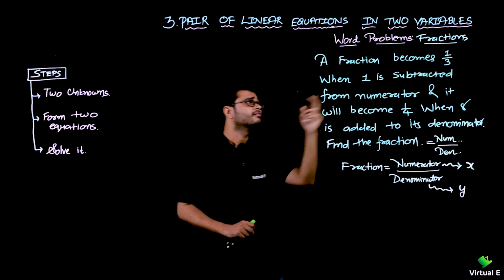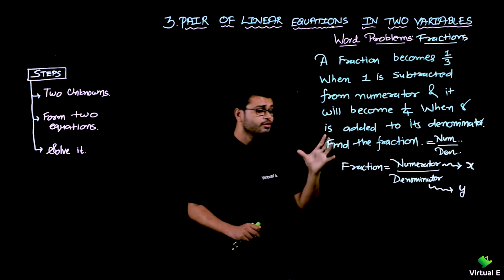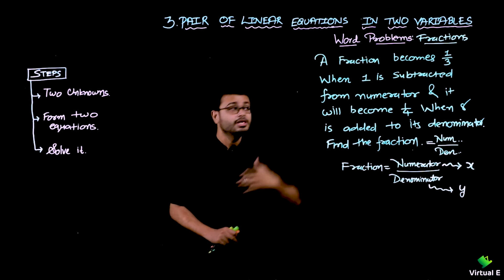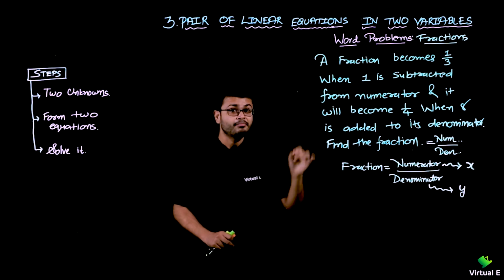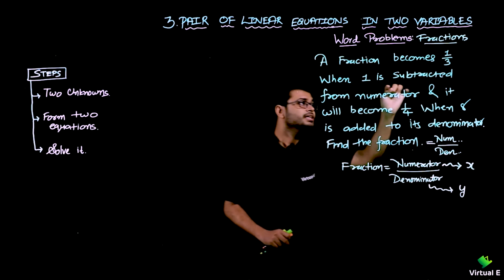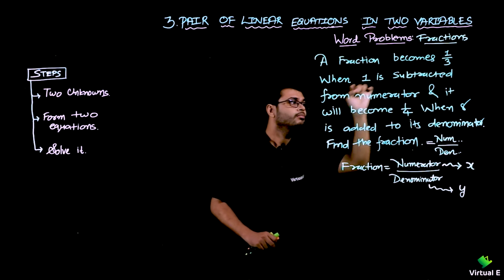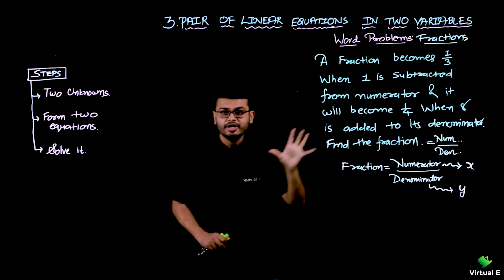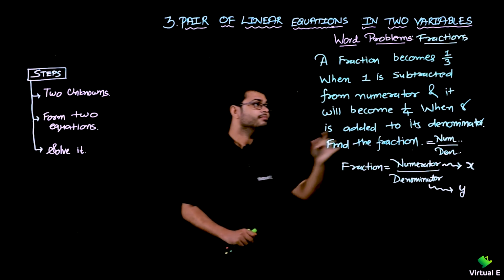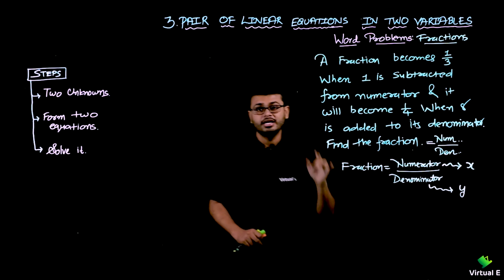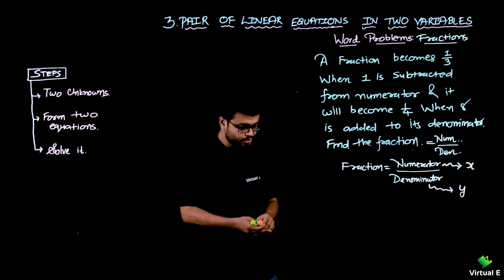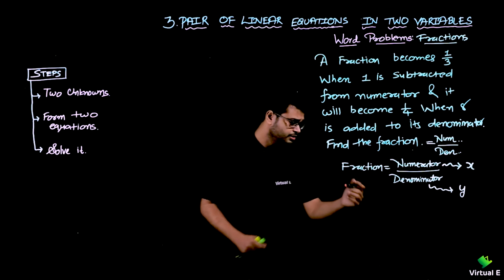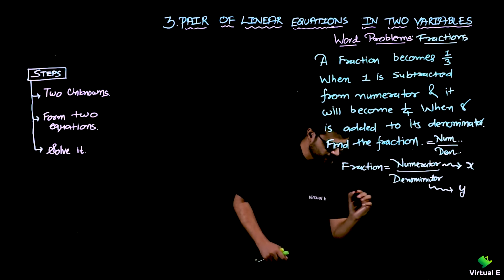So let's start. The fraction becomes 1 over 3. So whatever fraction I have right now, its value will be 1 over 3 when 1 is subtracted from the numerator.